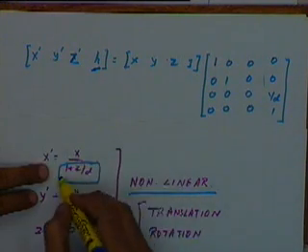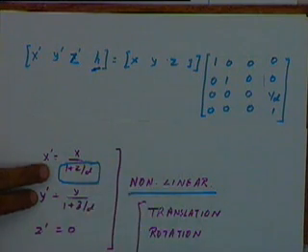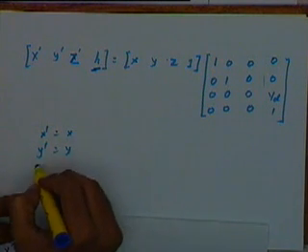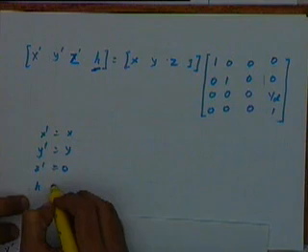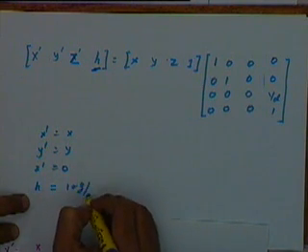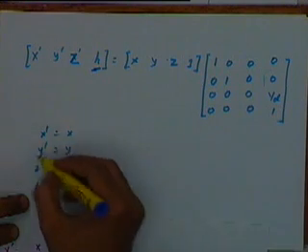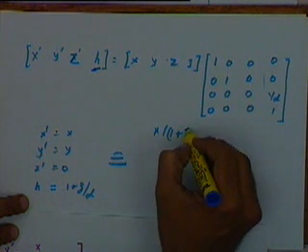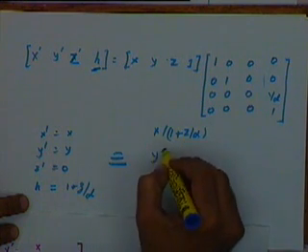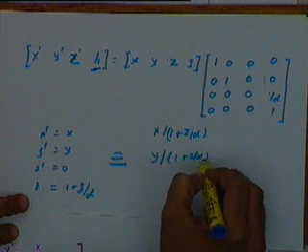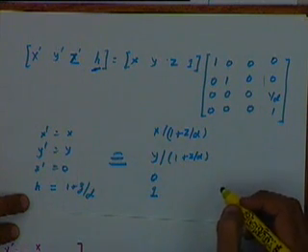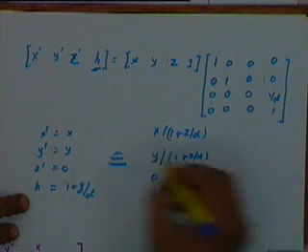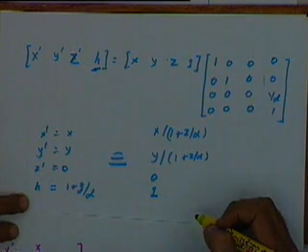If you look at this, we will get x prime equal to x, y prime equal to y, z prime equal to 0, and h equal to 1 plus z by d. So this point would be the same as the point x divided by 1 plus z by d, y divided by 1 plus z by d, 0 and 1. So this way we will be able to capture this nonlinear transformation.